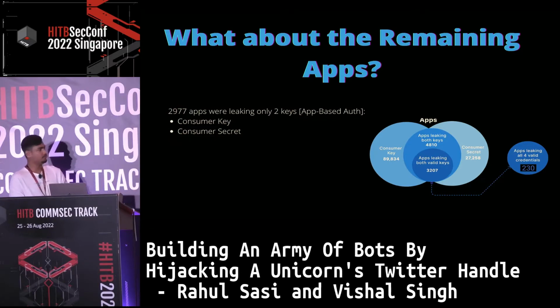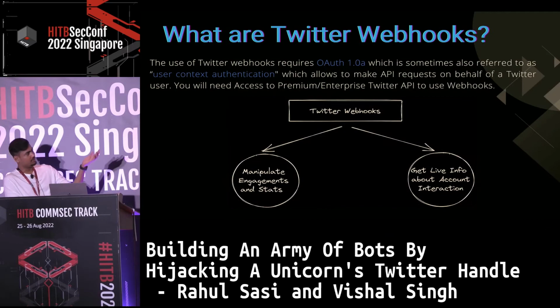Apart from that, here the Twitter webhooks come into the picture. So what are Twitter webhooks? Basically, we can create the Twitter webhooks and deploy them in the Twitter webhook app. After deploying, when a subscribed user does any engagement, it sends a JSON event in live format.